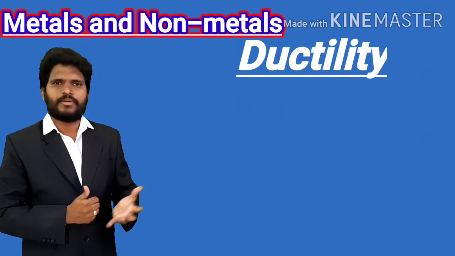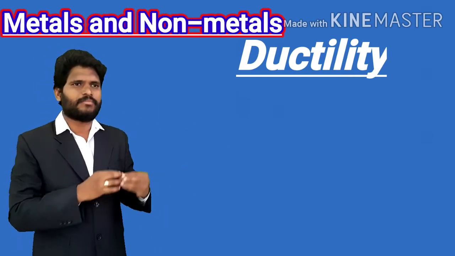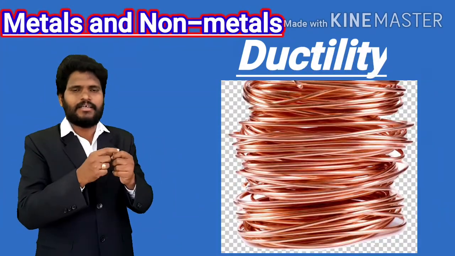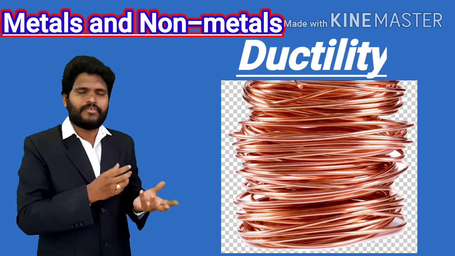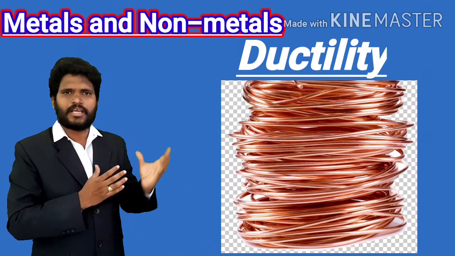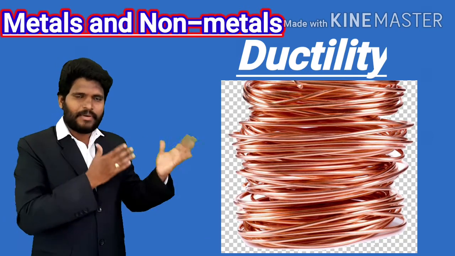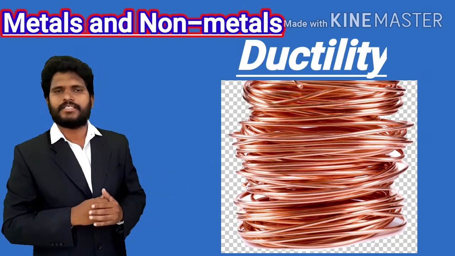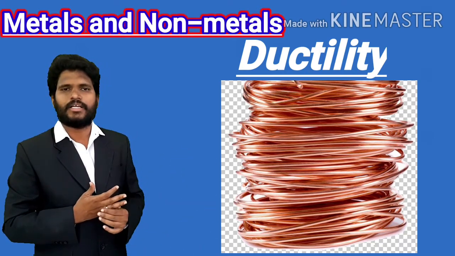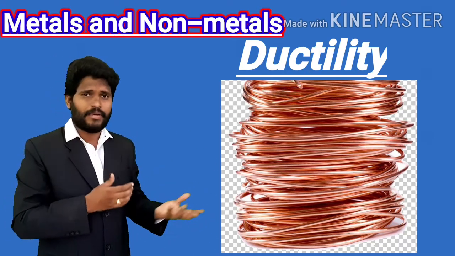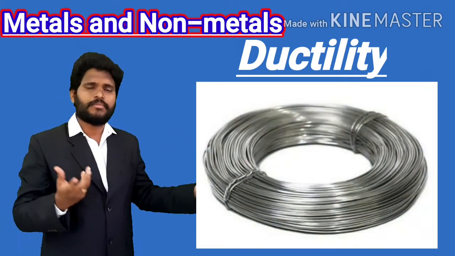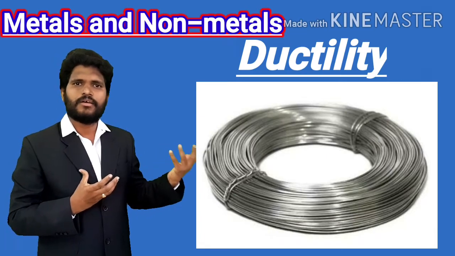For example, if you observe electrical wires and cut the plastic, we can see the copper wires inside. Copper is a metal, and it is converted into long wires. Along with copper, aluminium is also used electrically, and aluminium is also converted into long wires.